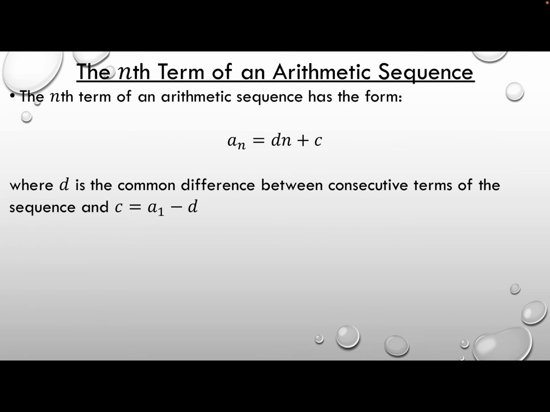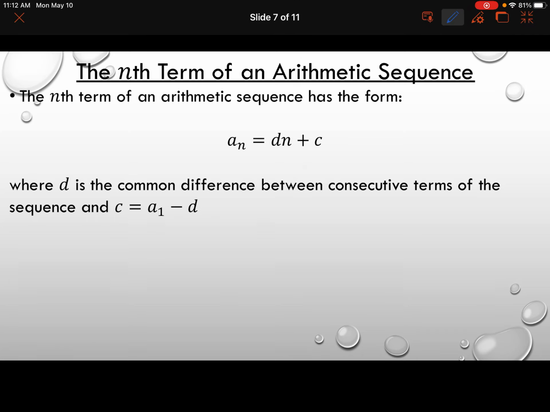Okay. Now let's look at the formula. So the nth term of an arithmetic sequence has the form a sub n is equal to dn plus c. So hopefully you can see some similarities between this and that slope-intercept form that you learned about in Algebra 1, right?